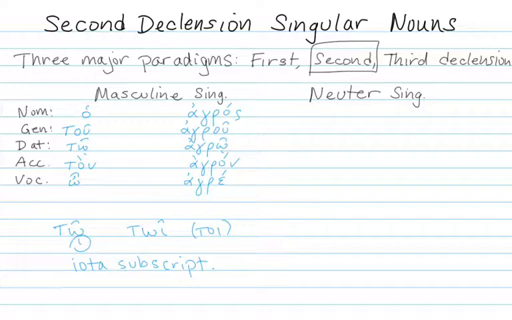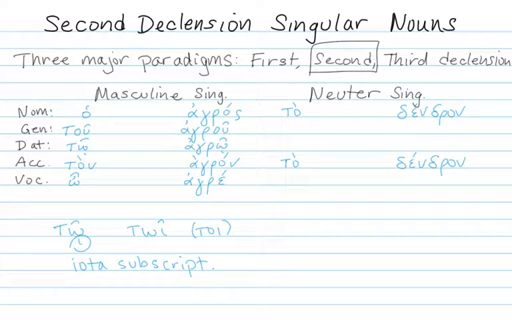In this chapter, we're introduced to the neuter, which has a different definite article, to, and the nominative singular ending is on, to dendron. The accusative is going to be identical in form, to dendron, and that's actually a rule that you can count on for all of the declensions, singular and plural. That is, the neuter accusative will always be identical to the neuter nominative.